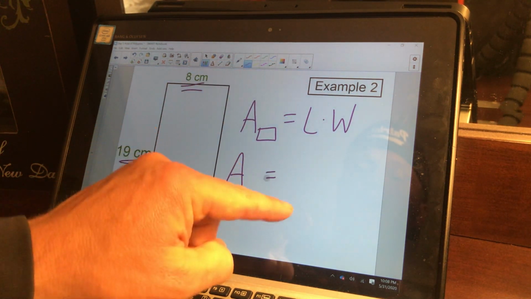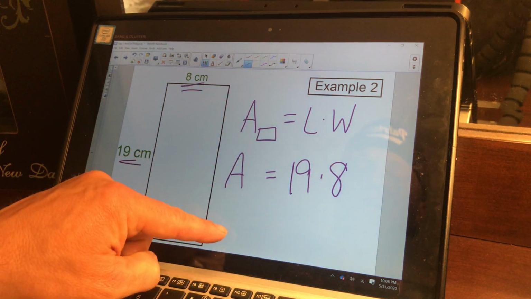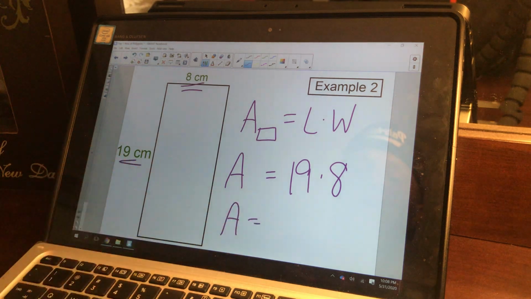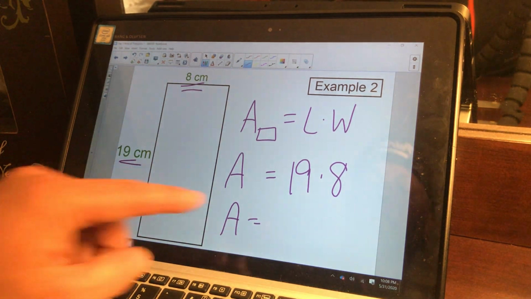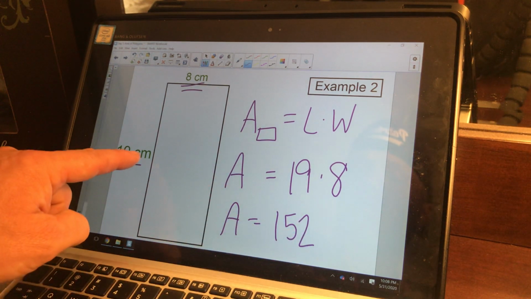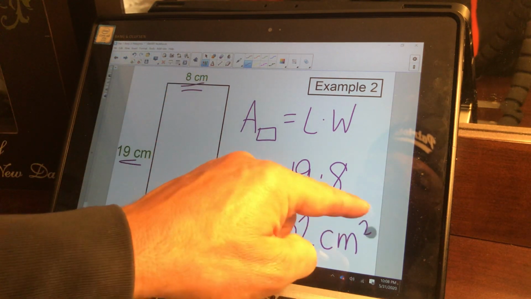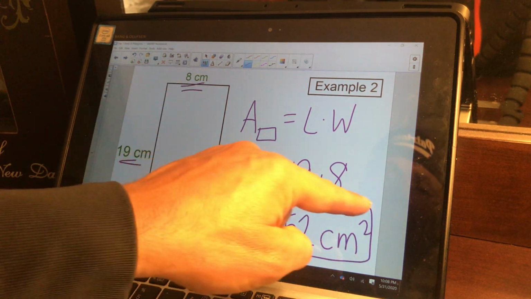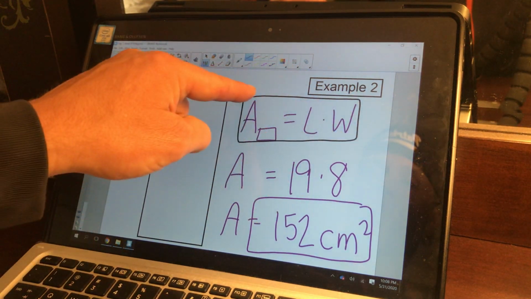Many of you know that already. 19 times 8, well, 20 times 8 is 160. So 8 less than that has to be 152 centimeters times centimeters is centimeters squared. Okay, and here's the formula you'll need to know for rectangles.